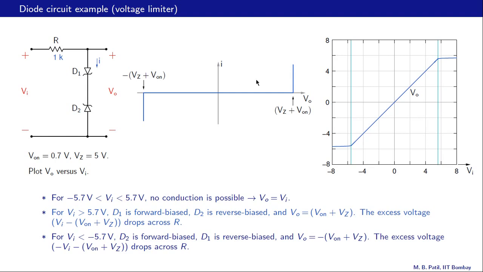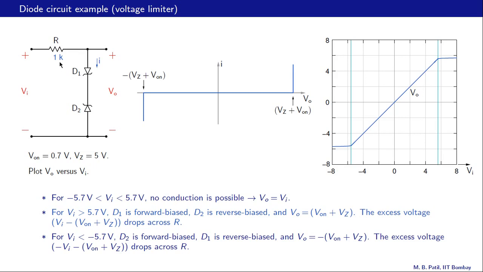But when Vi exceeds 5.7 volts, for example if Vi is 10 volts, then there is a current through R. Now out of this 10 volts, 5.7 will drop here, 4.3 will drop here. So the current in this case would be 4.3 divided by 1K, that is 4.3 milliamps.